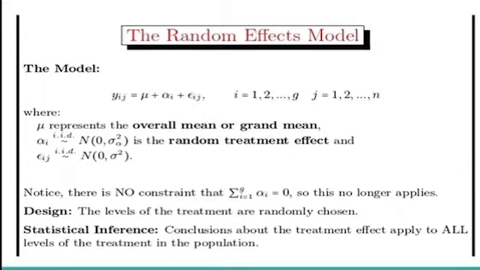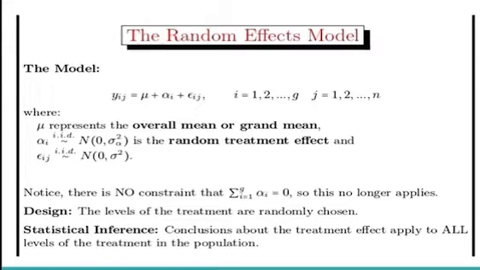But in the random effect, the treatment effect follows a normal distribution. And when it follows a normal distribution, it means the mean and the variance of that exist. And in the fixed effect model, the summation of the alpha i was equal to 0, but in the random effect model, that no longer applies.